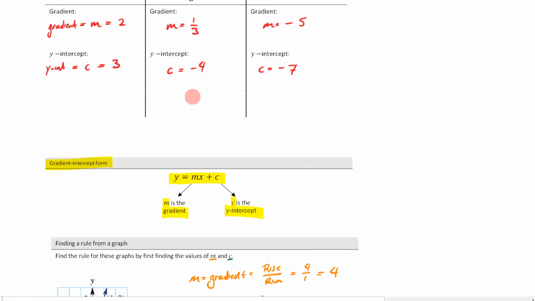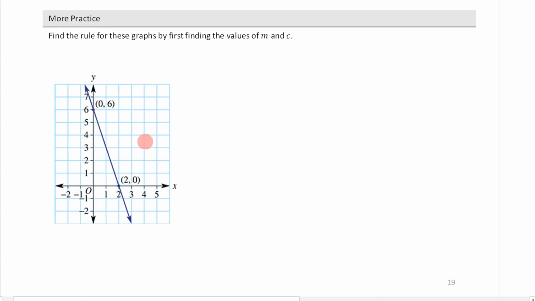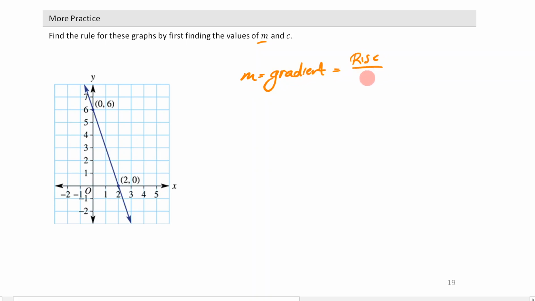Okay, so if you're still here with me, it just means you need a bit of extra help in figuring out the m and c values here. So let's have a go at this question. It says find the rule for these graphs by finding the values m and c. My m is my gradient. My gradient is my rise over my run.